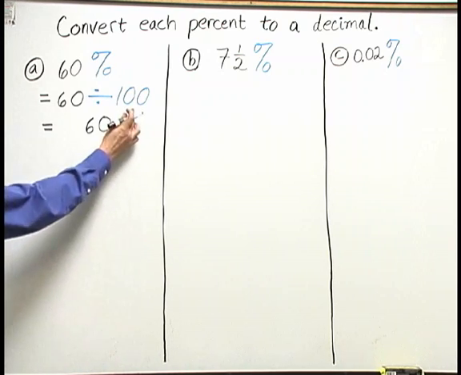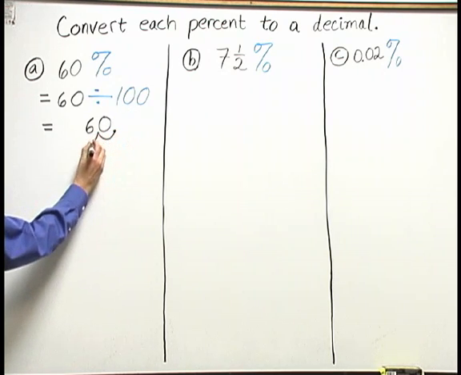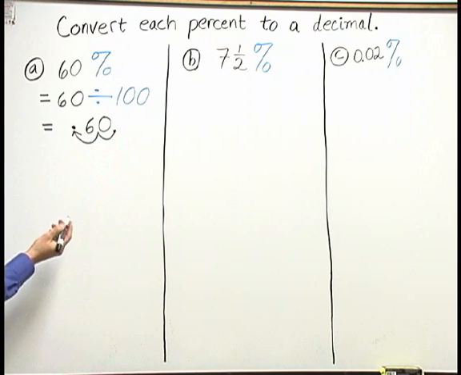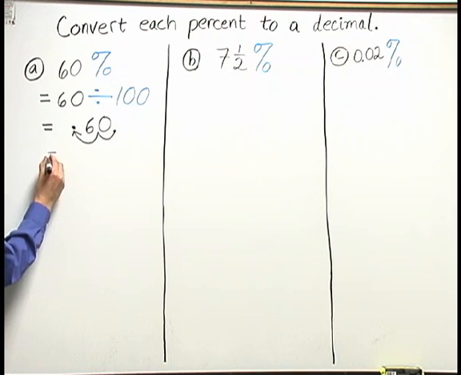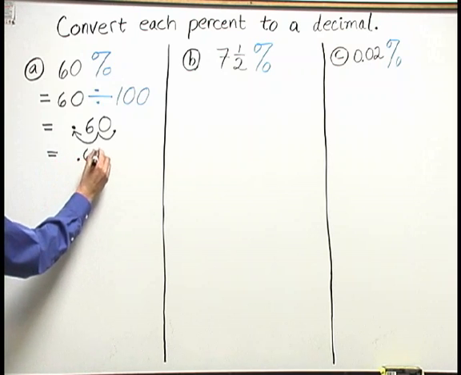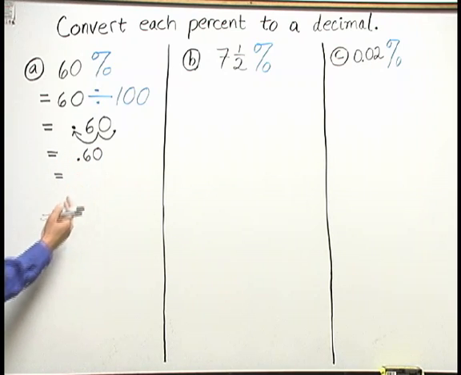Now the shortcut way to divide by 100 involves moving that decimal point 2 places to the left. So the decimal point ends up just to the left of the 6. 60 divided by 100 is equal to 0.60. The 0 on the right end of that decimal is not necessary.